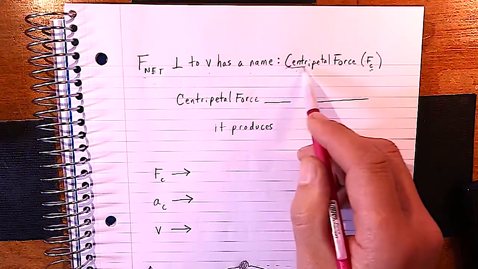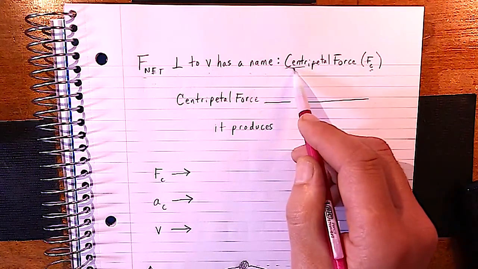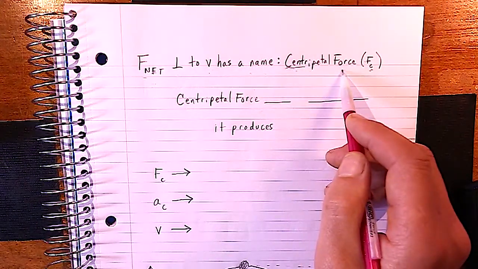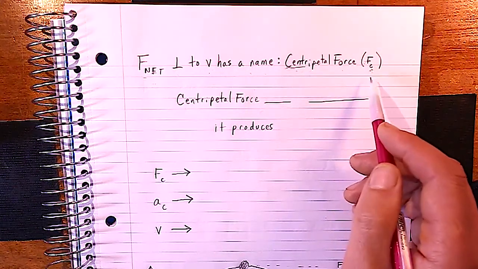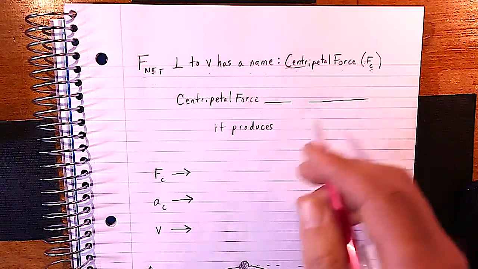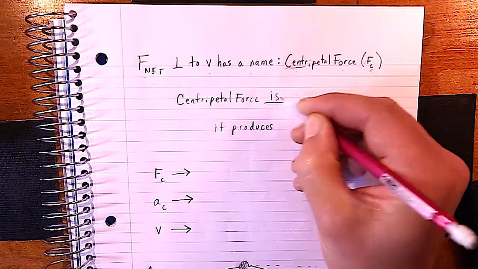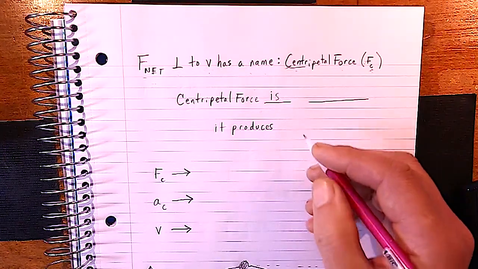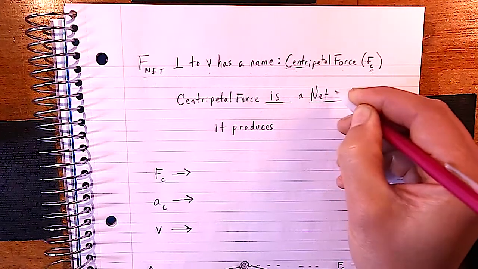The word center is almost written in centripetal force, it's the center-seeking force. And the abbreviation is F_C, and that C helps to remind us that it's towards the center. But again, I have to stress this, especially if you're doing more advanced physics, that centripetal force is a net force.